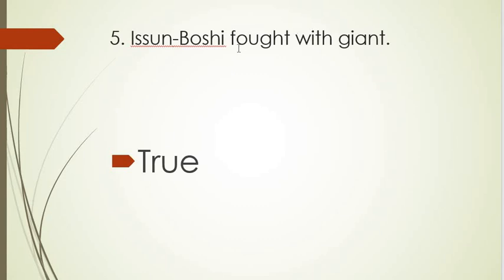Lord Sanjo gave Issun-Boshi the duty to look after Princess Sanjo, so that she is safe in all ways. When she was on her way to the temple, the giant came to kidnap her. So Issun-Boshi saved Princess Sanjo by fighting with the giant.